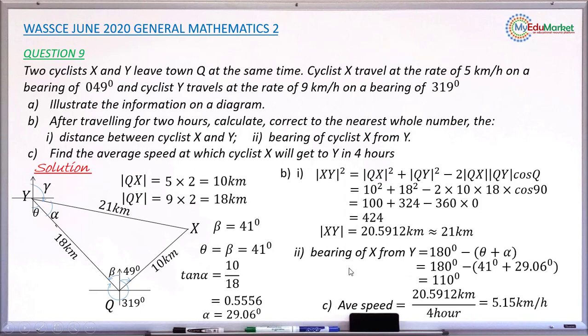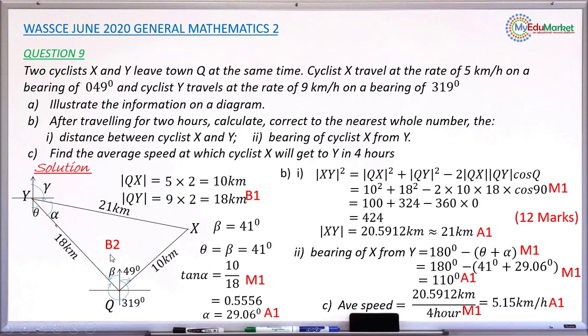Let me just share with you quickly the mark distribution for this very question as it is there in the marking scheme. So the very first mark is bonus 2 marks. This bonus 2 marks is for answering question number A, that is being able to change this question from statement form into a drawing. You have this bonus 2 marks, but all the positions of X, Y, Q must be correctly indicated.